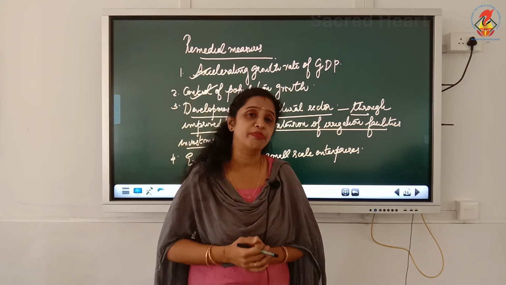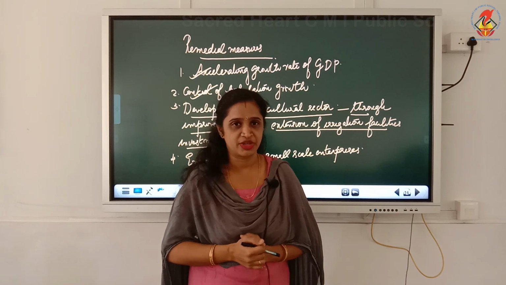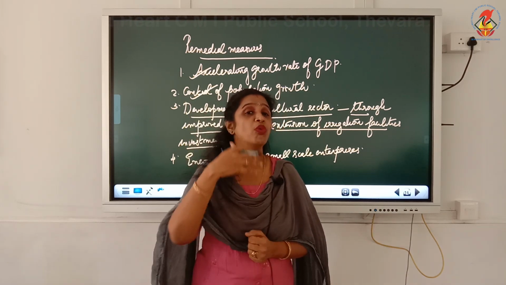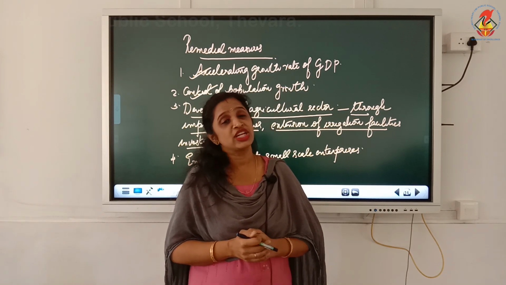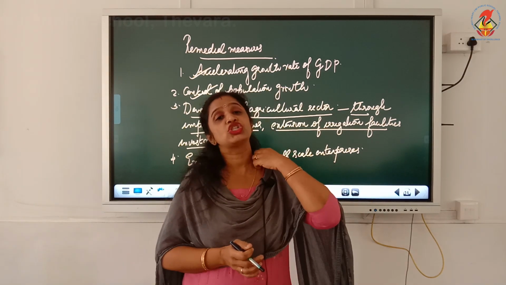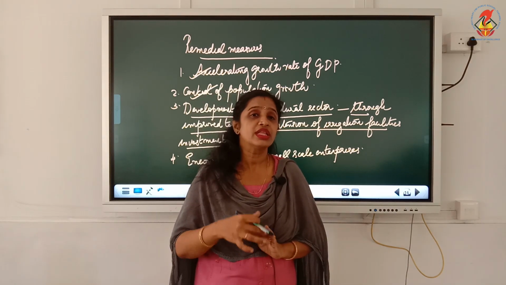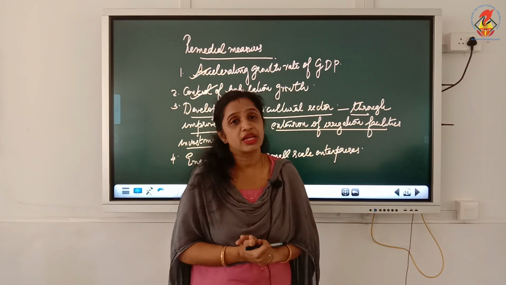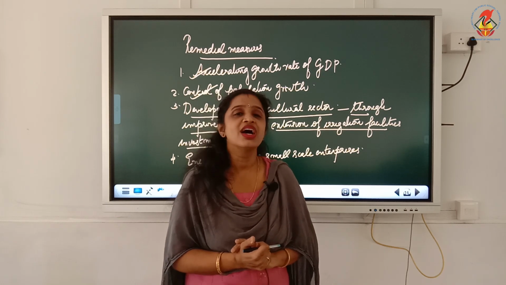Instead of using primitive techniques, bring new technology to the agricultural sector. Then provide the farmers with HYV seeds and more irrigation facilities. Then give financial assistance in terms of short-term and long-term loans to the farmers. So, they will be encouraged to produce more and more agricultural produce. So, this can remove the problem of unemployment.